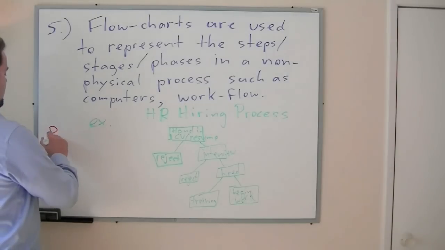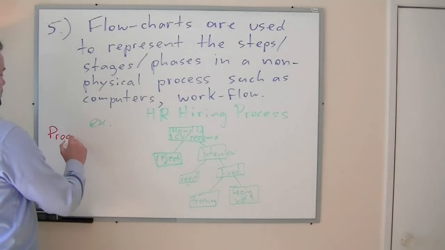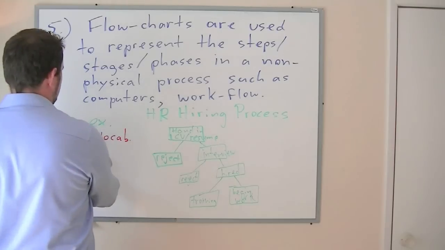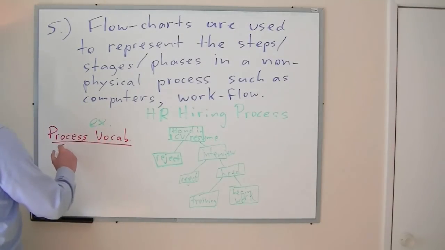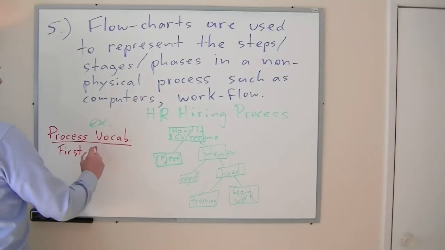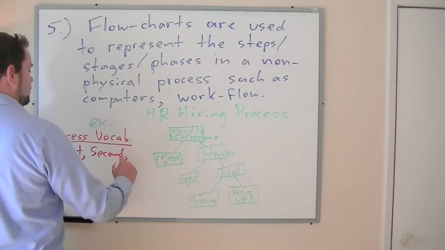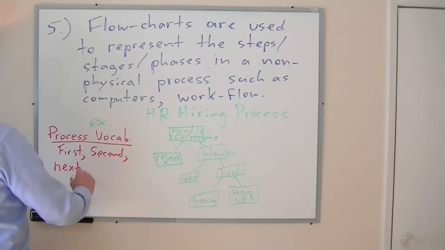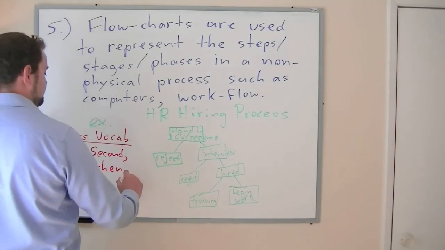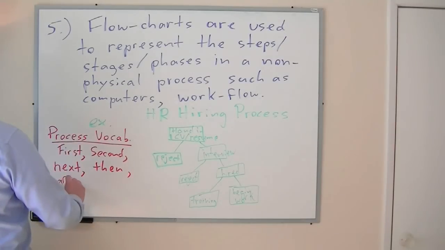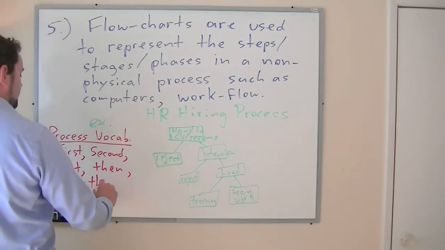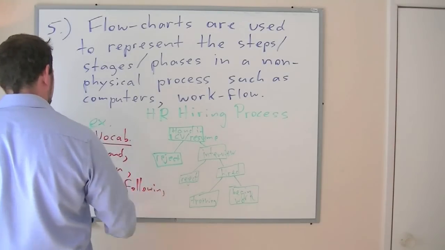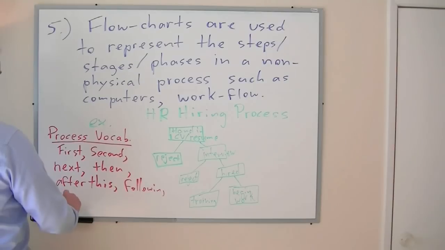And process vocabulary used in process essays, of course, includes words such as first, second, third, fourth, so on, next, then, after that, or after this, following, and maybe in the last step, finally.